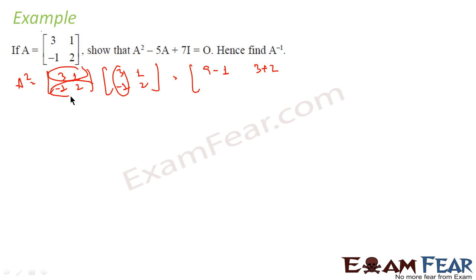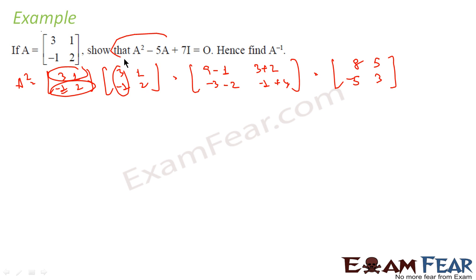Then minus 1 into 3 is minus 3, and 2 into minus 1 is minus 2. Same thing, minus 1 into 1 is minus 1, and 2 into 2 is 4. This is nothing but 8, 5, minus 5 and 3. So I have A square.